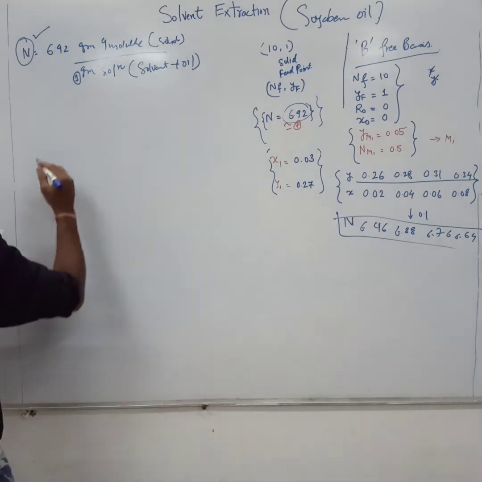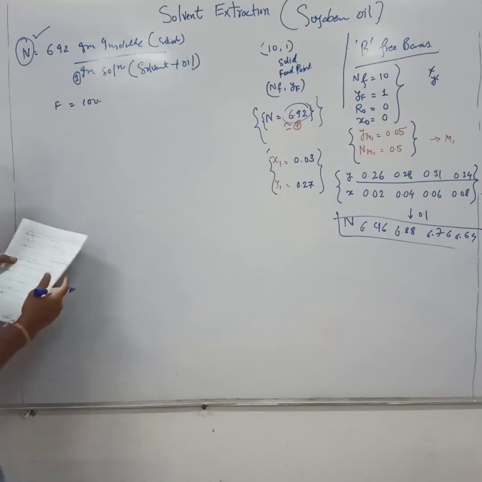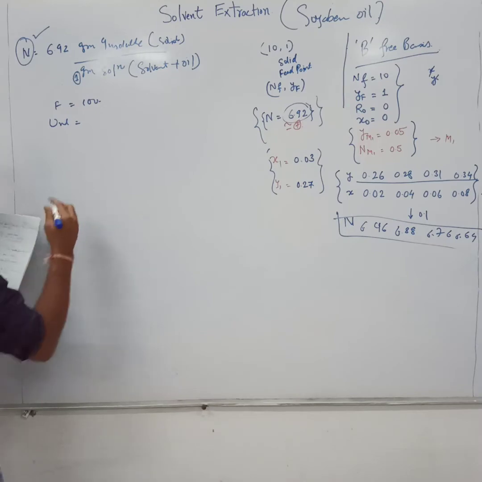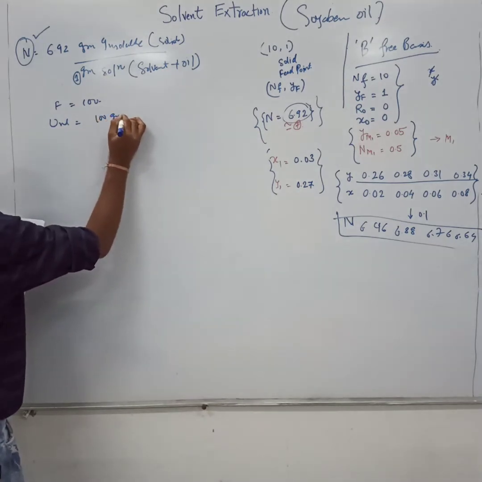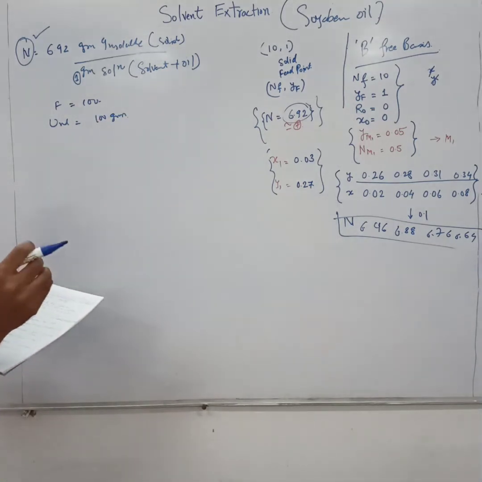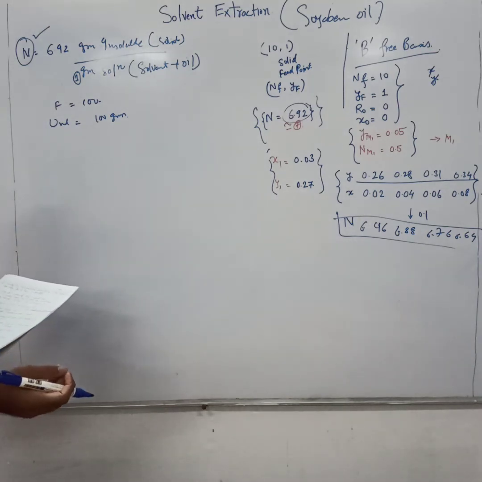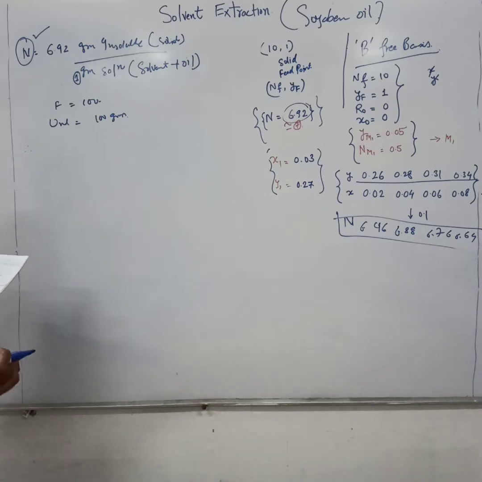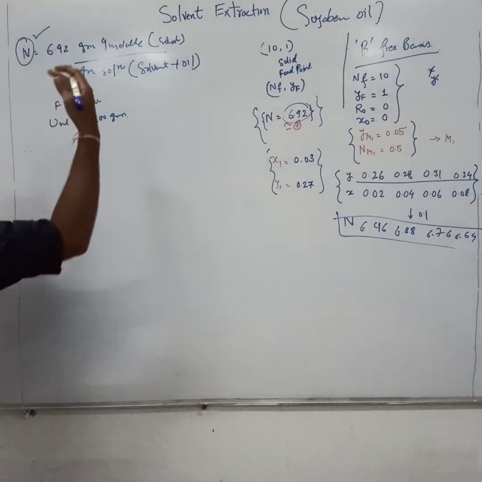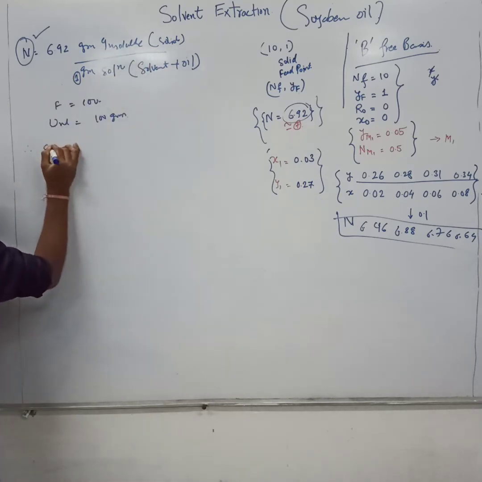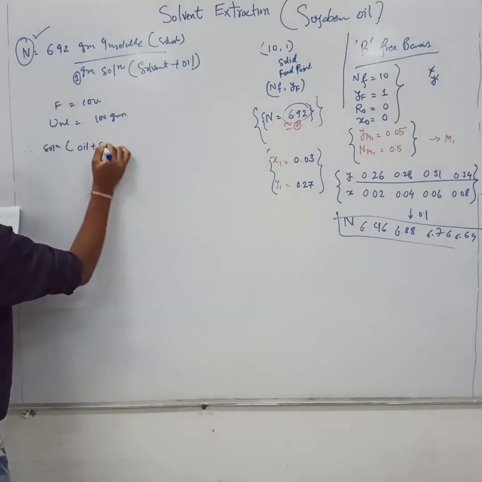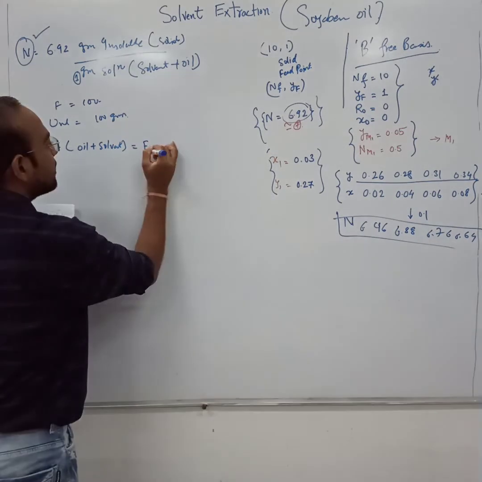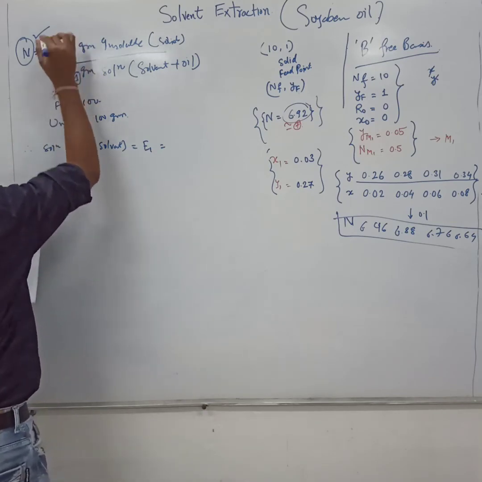Now, our feed contains 100 grams of seeds. Then in the underflow, the weight of seeds remains the same because they are insoluble solids. It is again 100 grams. Now the amount of leached solid material containing solution in grams, that is, after leaching, how much solid material is present in your solution of oil and solvent, is calculated as capital E1, and you have the value 6.92.